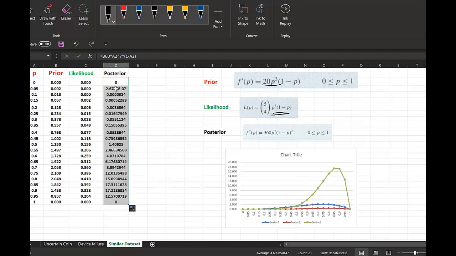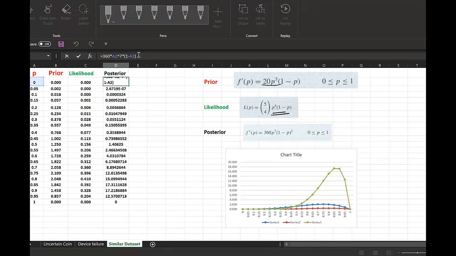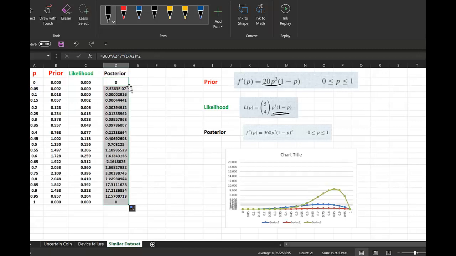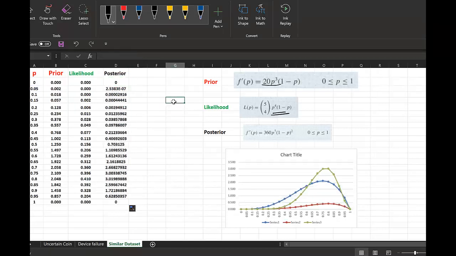Now this gives me the posterior distribution.